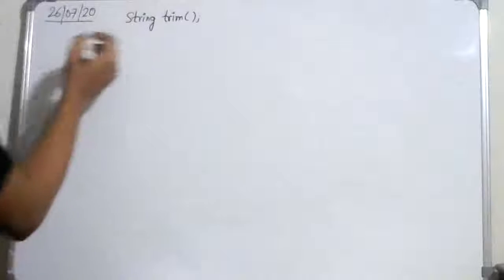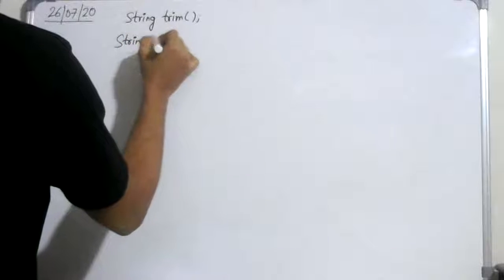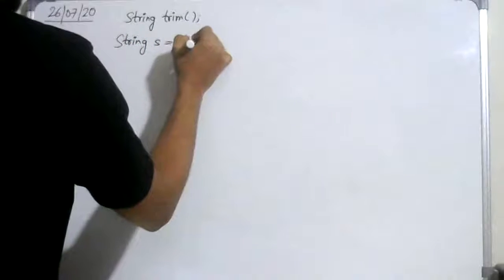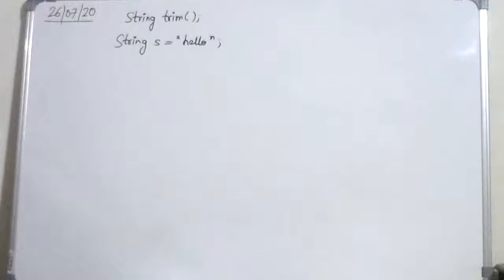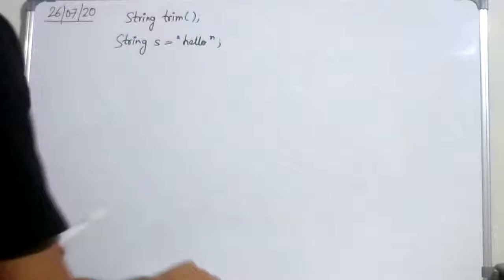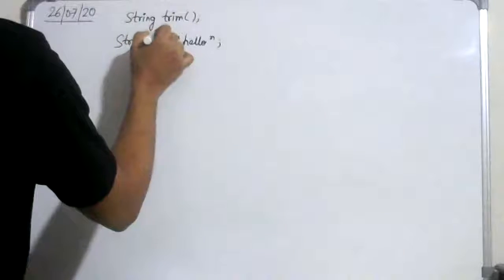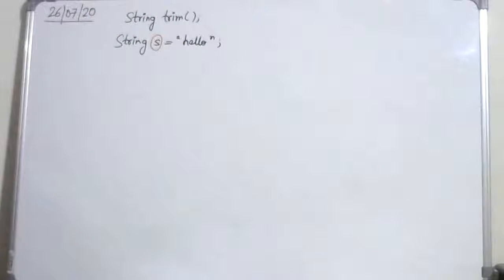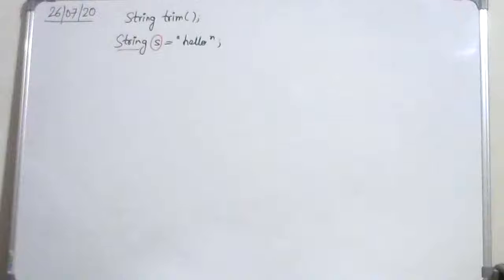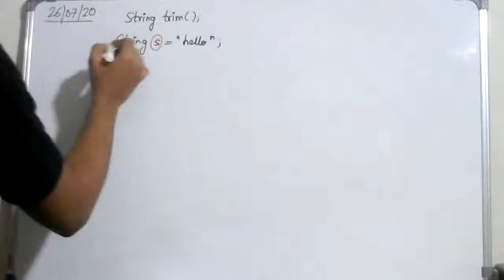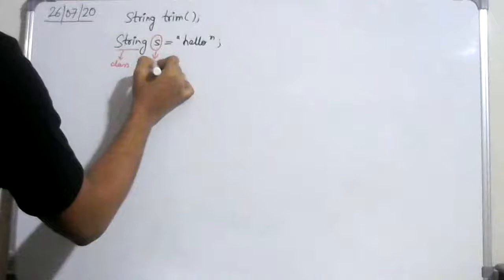String functions are called basically with respect to the string objects. Let's say I have a string variable, String s = "hello". So this is a string variable, or rather in general terms we call it a variable, but technically it is an object. This particular variable that we have defined here of type string is technically an object because string is a class and this is the object.